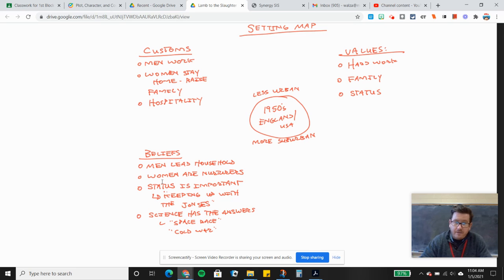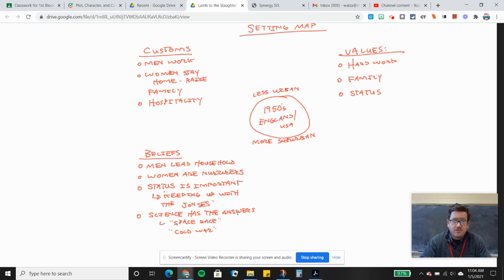Anyways, now there's also this focus on science. Science has the answers. You started to see this emphasis on teaching math and science more rigorously in schools, because we were in the space age, or we were starting the space race, and we were in the Cold War. So the United States and England were focused on making sure that their adversaries, mainly the USSR, didn't outpace them in their pursuit of math and science.